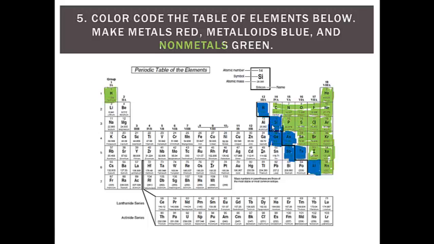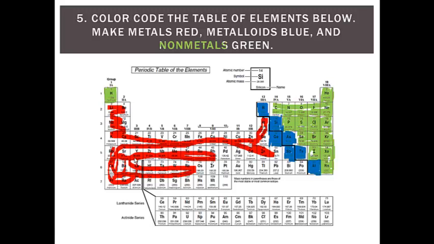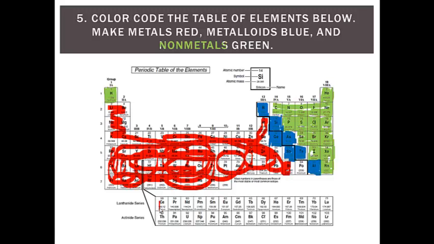So that's also a metal. So that means that everything else on here, most of the table of elements, is going to be metals. So all of these guys are our metals. And don't forget the lanthanides and actinides down here.